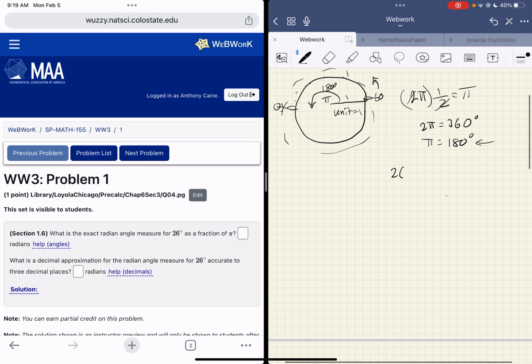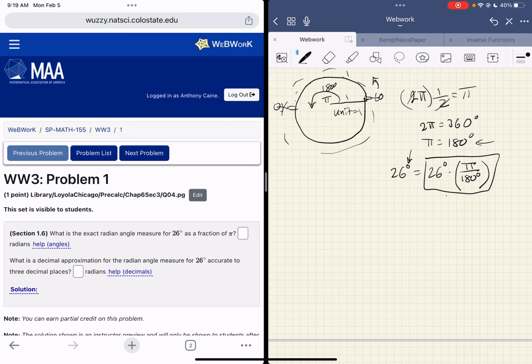So 26 degrees is equal to 26 degrees times 1. But I want to write the number 1 as pi divided by 180 degrees. Now this is how you would convert the degree measurement into the radian measurement.